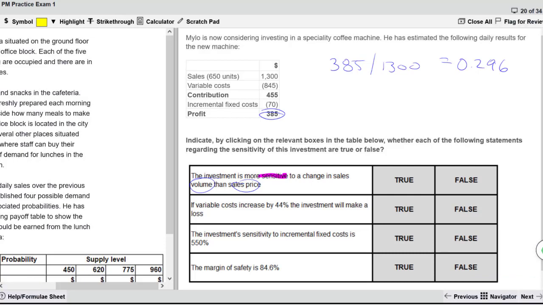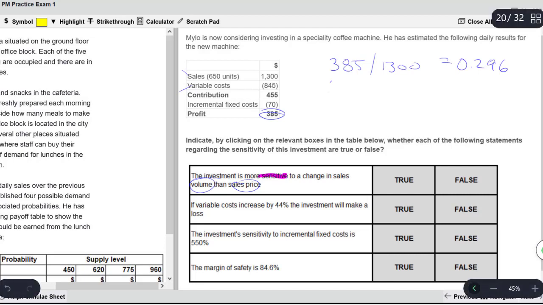Now, if we'd like to check the sensitivity of profit to a change in volume, well, that's going to affect both the price and the variable costs. If we sell fewer units, we earn less revenue, but we also incur fewer variable costs. So now it's going to be 385, that's the sensitivity of profit to the change in volume.